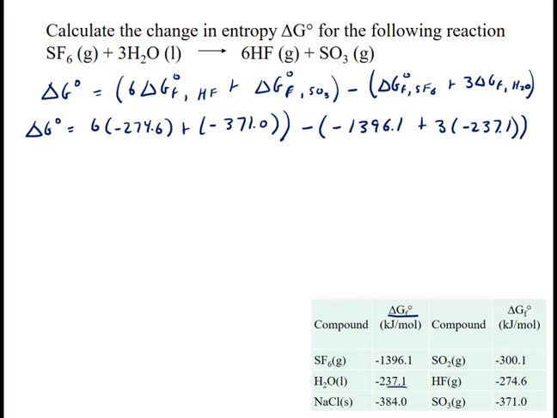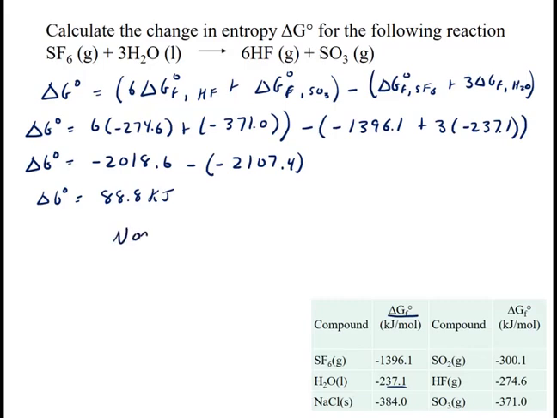Okay, so my products end up being a negative 2018.6, and my reactants end up being a negative 2107.4. Okay, so my delta G naught for this equation is 88.8 kilojoules. So according to this it is non-spontaneous, and would be mostly reactants, so this would not go forward.